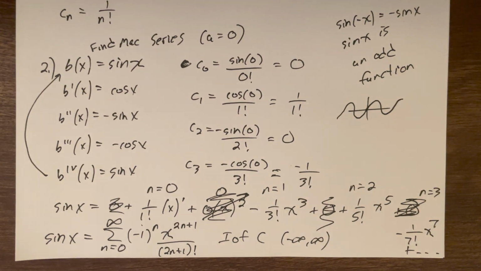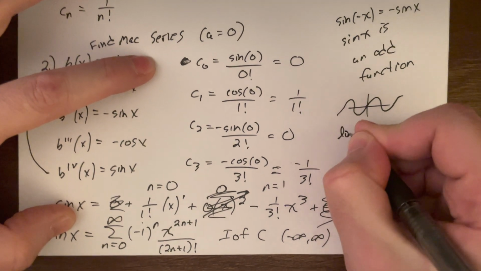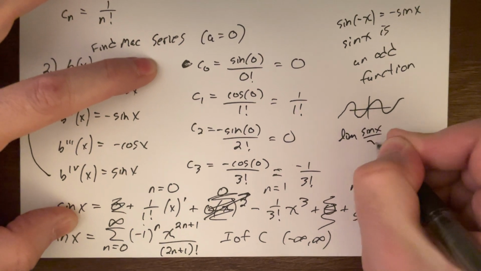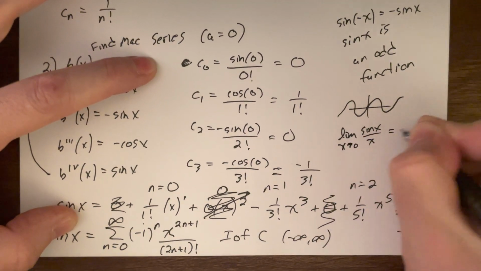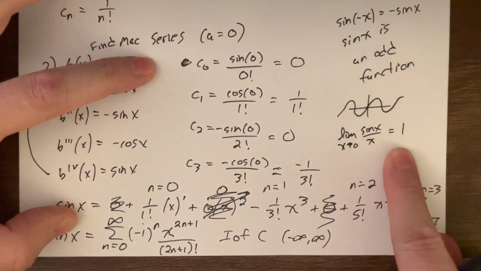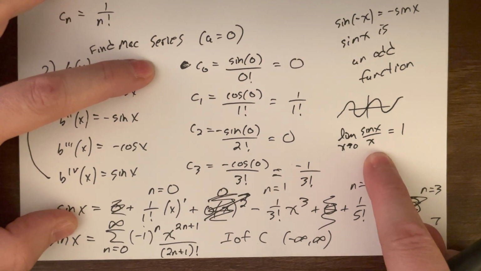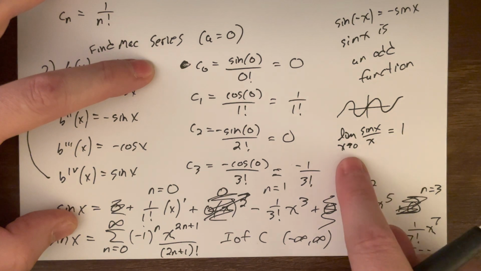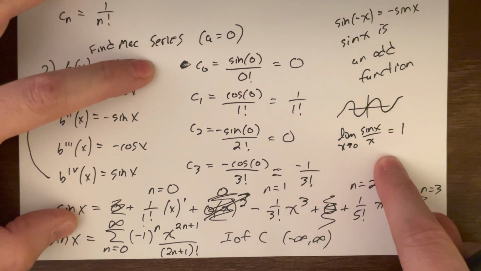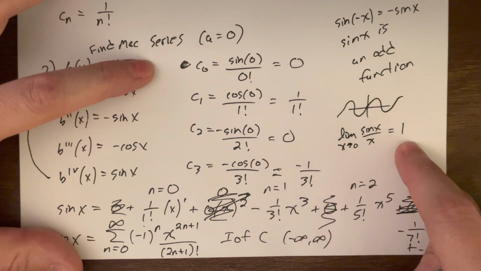Okay, last thing I just want to point out here, a quick little proof. The limit of sine x over x as x goes to 0 equals 1. That is a limit you learn in Calc 1. And now we have other ways. If we just plug in, you get 0 over 0, so you could use L'Hopital's rule to confirm that.